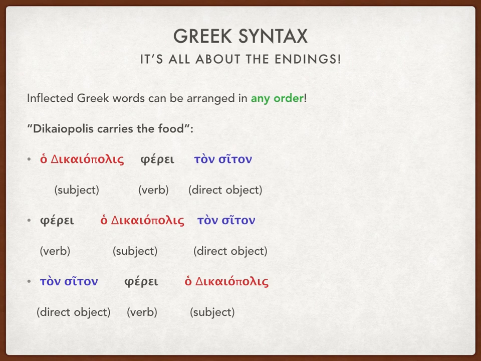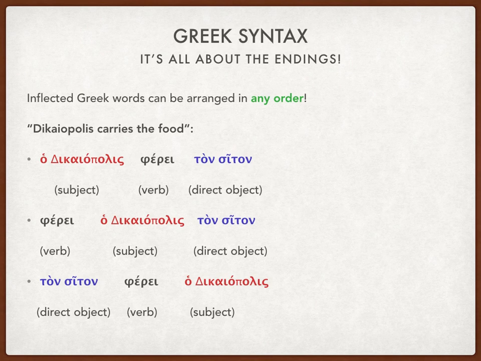The way I would form that in a Greek sentence is to start with a subject. Who's the subject of this sentence? Who's performing the action? It's Dikaiopoulos. He's the one carrying. He's the one performing the action. That means he needs to be in the nominative case. Remember, the nominative is what I use for the subject.